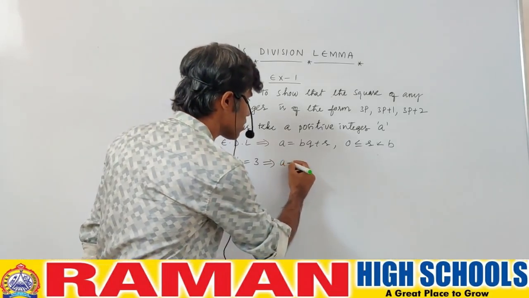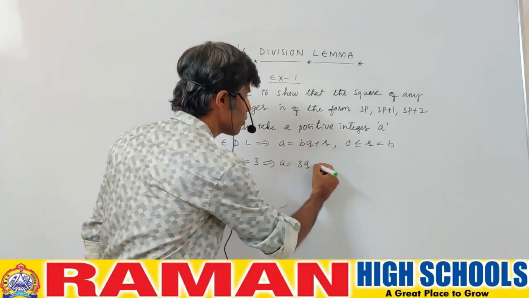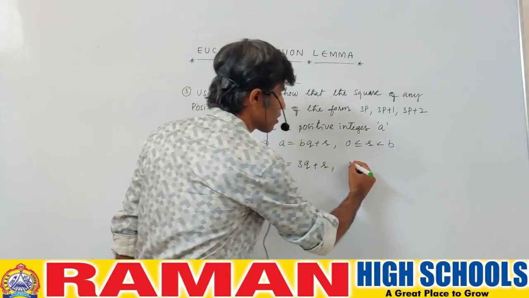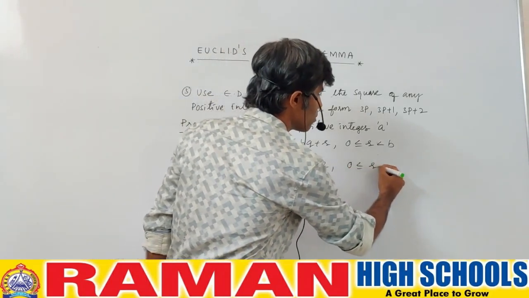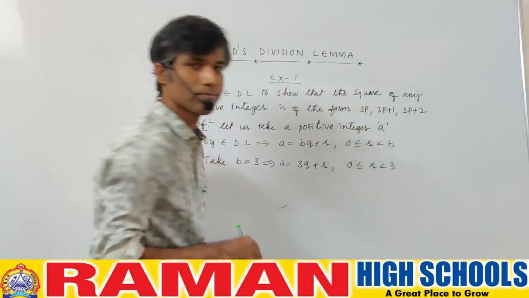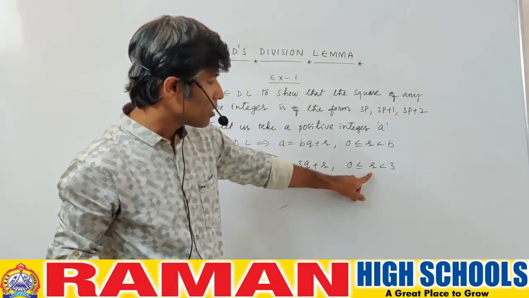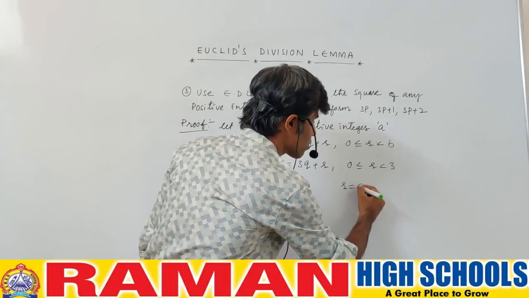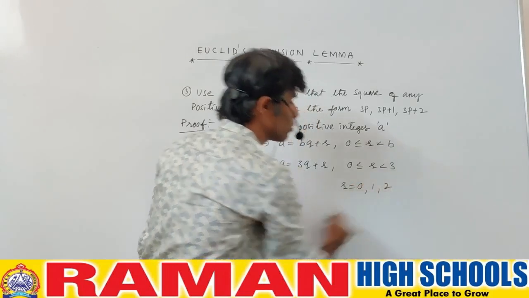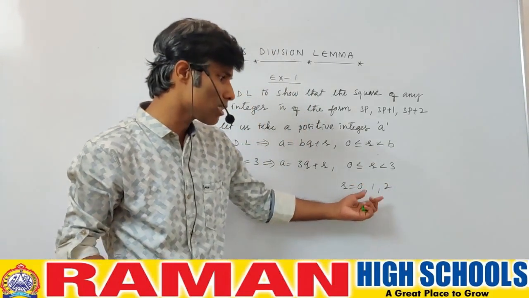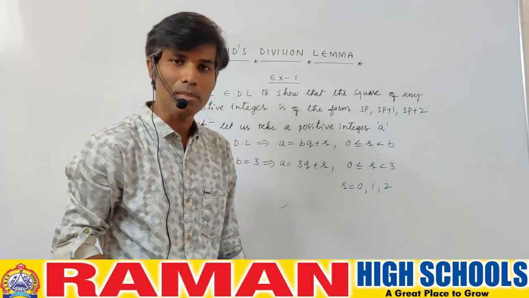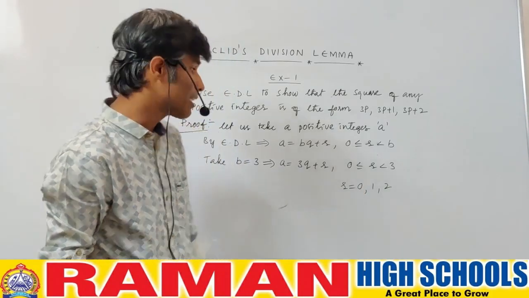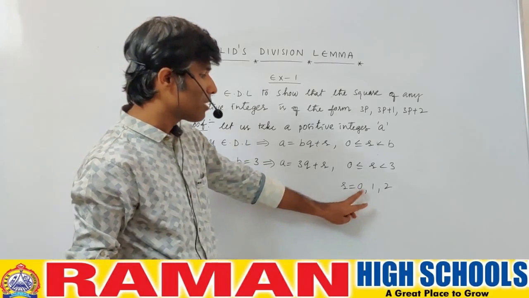That is, a equals to 3q plus r, where 0 is less than or equals to r less than 3. From this we can observe the values of r as r equals to 0, 1, 2. These are the only 3 possible values for r you will get. So we have 3 cases here.